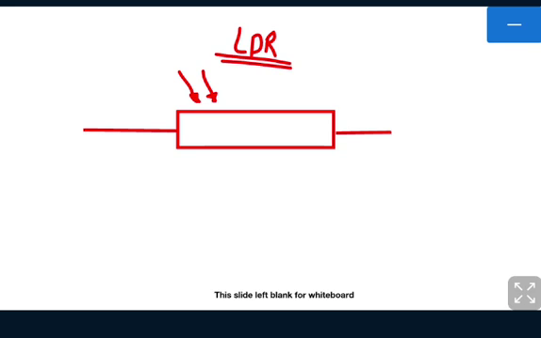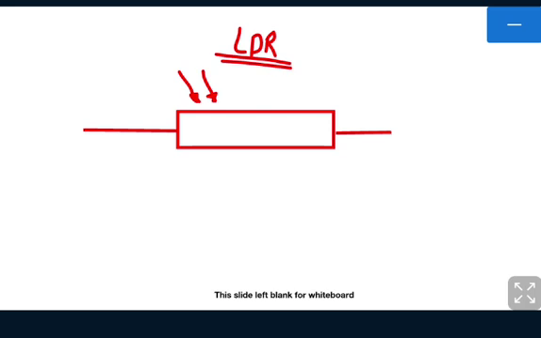Their resistance decreases as the light intensity increases.